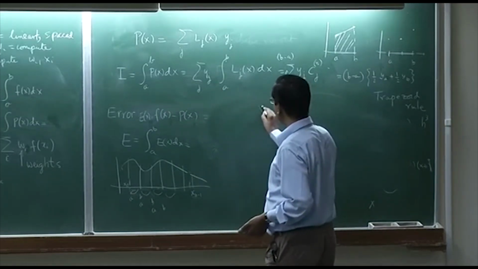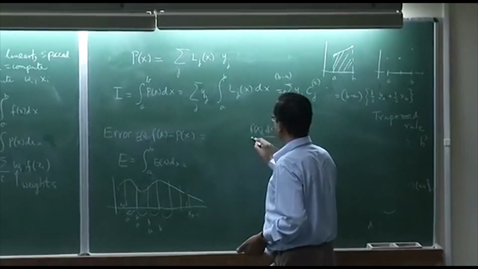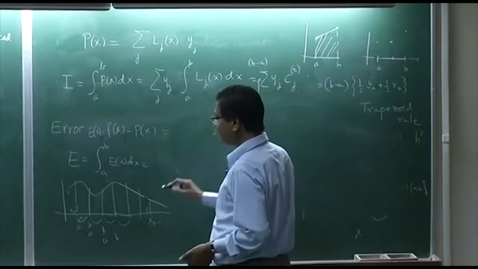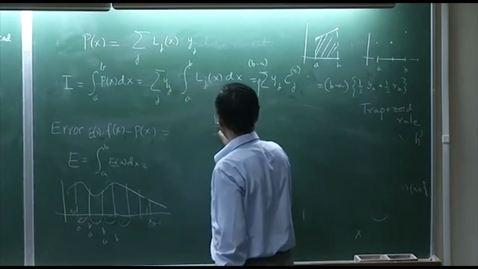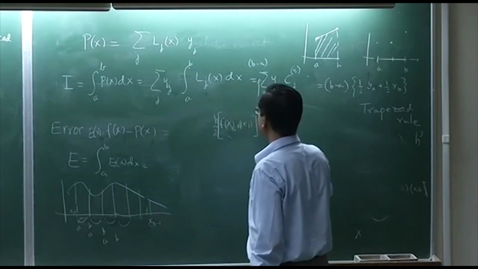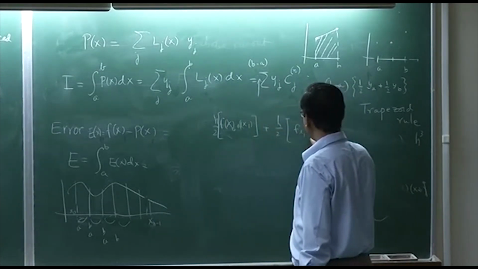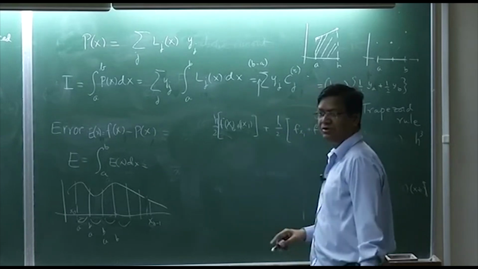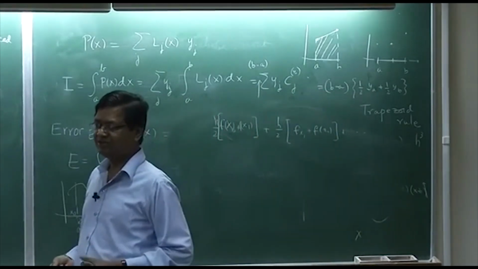The first integral will give you (f(x0) plus f(x1)) by 2, multiplied by h, not b minus a. So h. Then the same thing I will get for f(x1), I am going to make a shorthand, f(x2), like this. So it is a sum of trapezoidal sums of each segment, each slice.